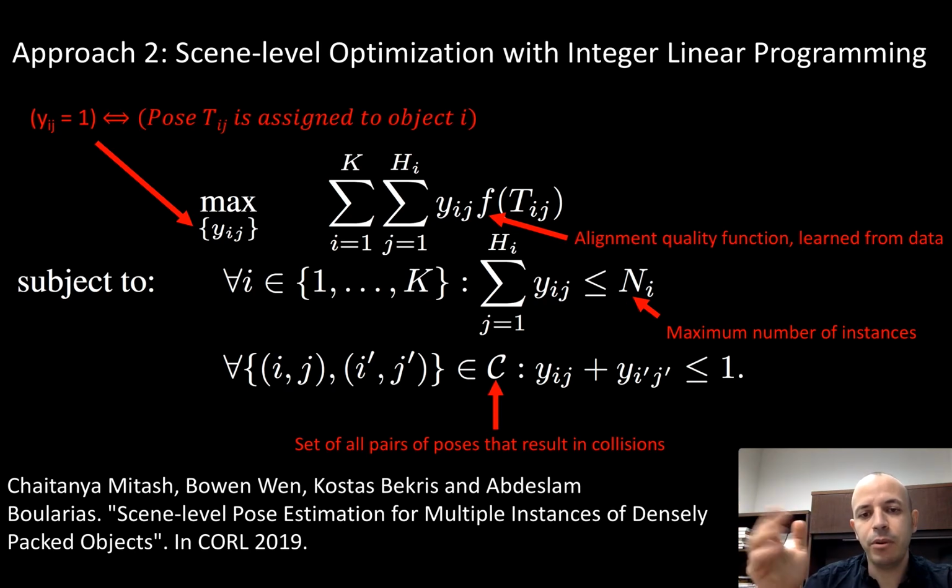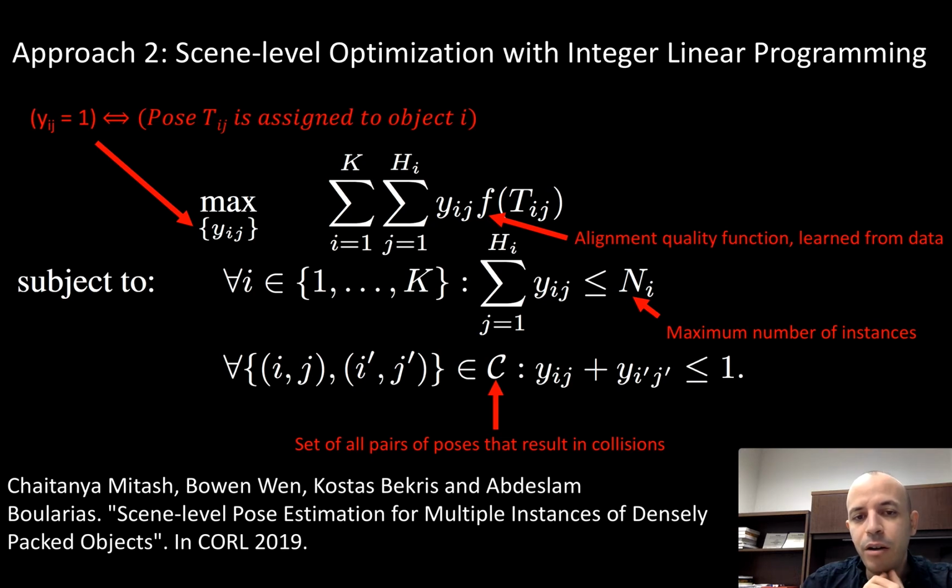So this is kind of a subset-sum problem, where you have multiple choices or assignments, and then you want to choose the optimal assignment that minimizes the total sum of losses. And the loss here is defined by function f, or actually it's the quality in this case because we are maximizing. So the quality is defined by function f. For each pose, for each object, we have a measure of quality.